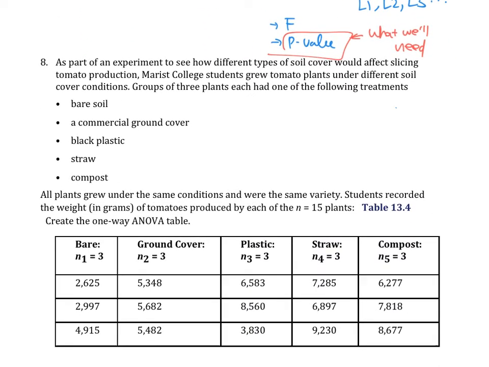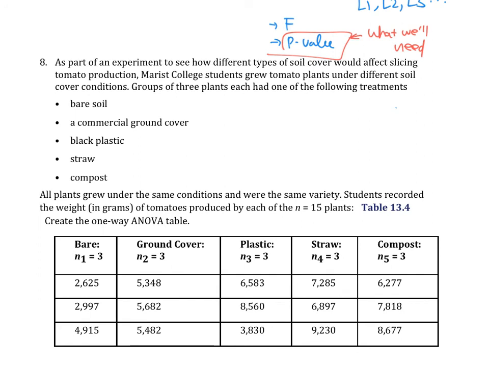Okay, let's look at number 8. As part of an experiment to see how different types of soil cover would affect slicing tomato production, college students grew tomato plants under different soil cover conditions. A group of 3 plants each had one of the following treatments: bare soil, commercial ground cover, plastic, straw, and compost.